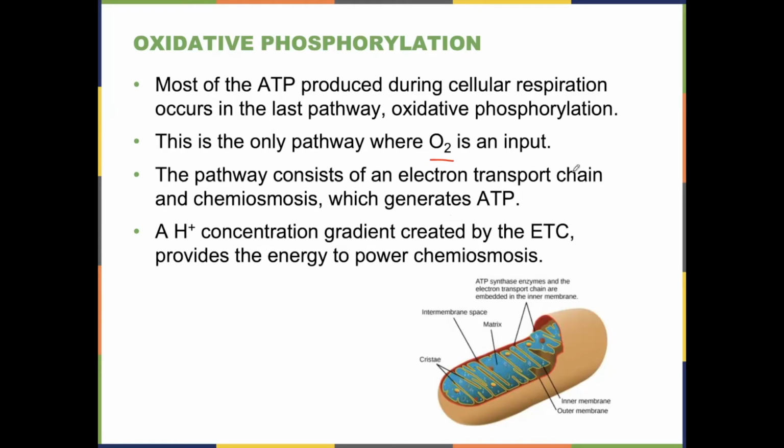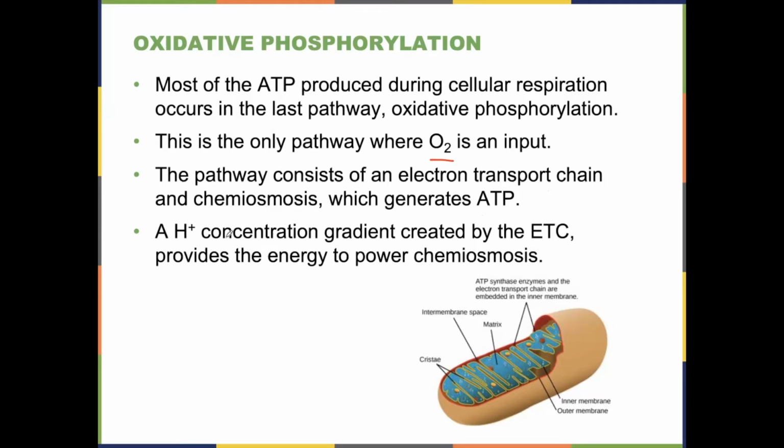An electron transport chain, which is a series of proteins that's embedded in a membrane. In the case of eukaryotic cells, it's actually embedded in the inner membrane of the mitochondria here. A second part of this pathway is ATP synthase, which through the process of chemiosmosis actually generates the ATP.